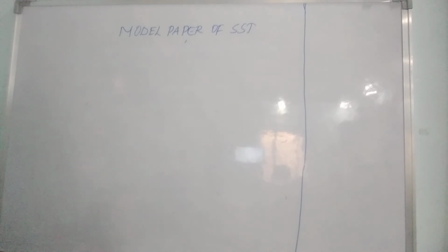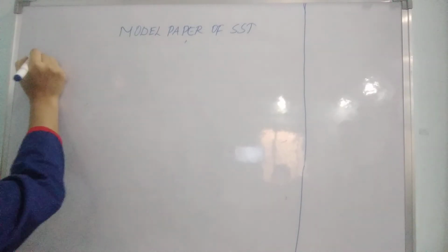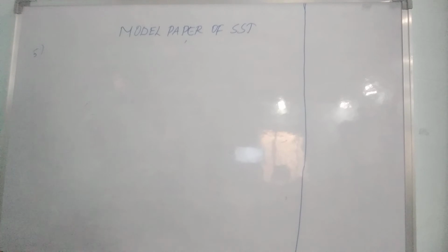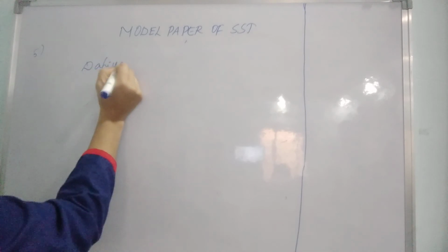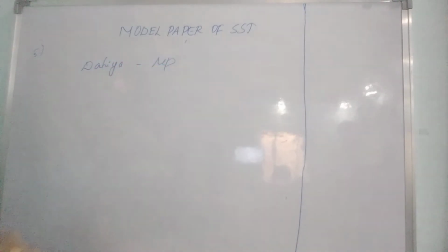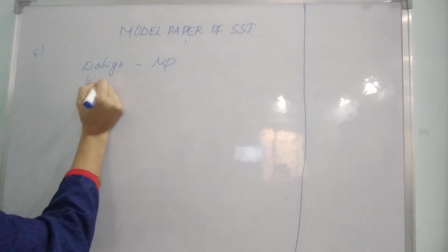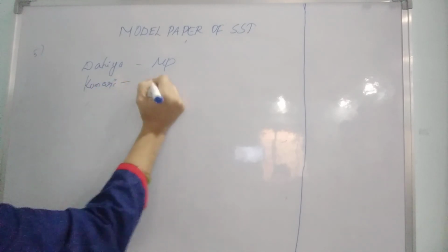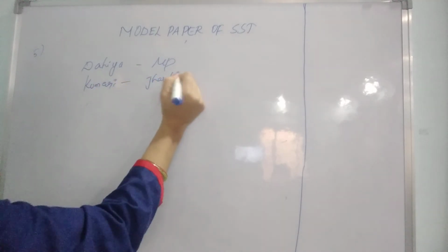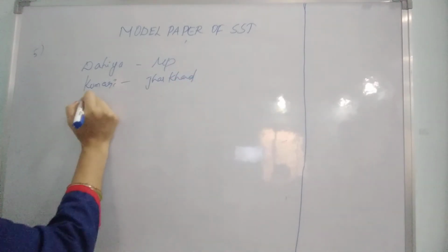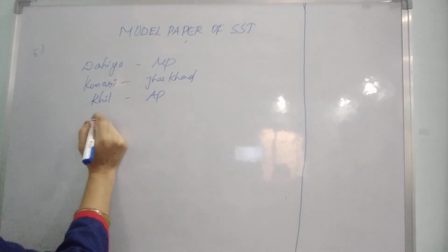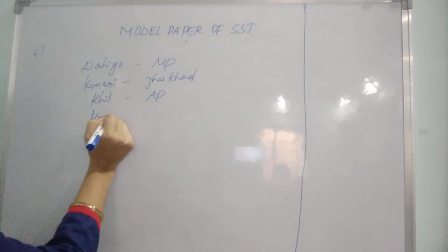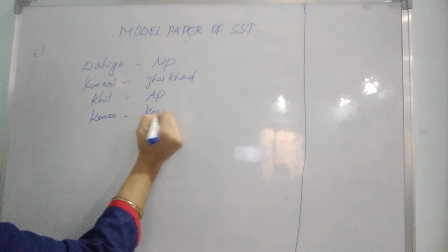And next, fifth question is, choose the correctly matched pair about the primitive cultivation in India from the following options. The options are Dahiya and Madhya Pradesh, Kumari, Jharkhand, Hill, AP, Common, Karnataka.